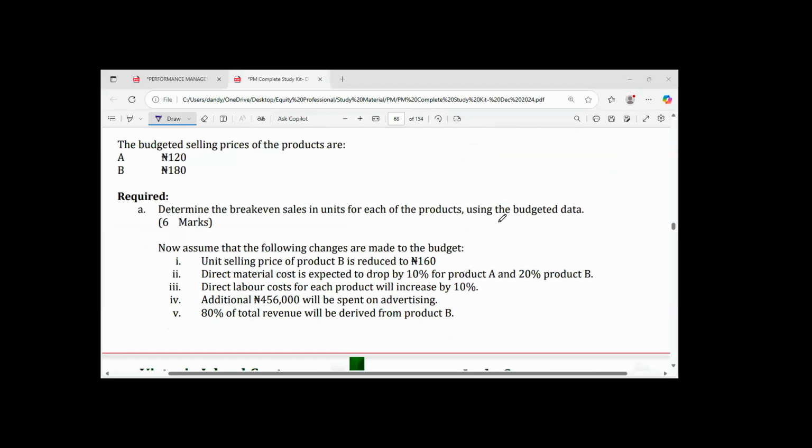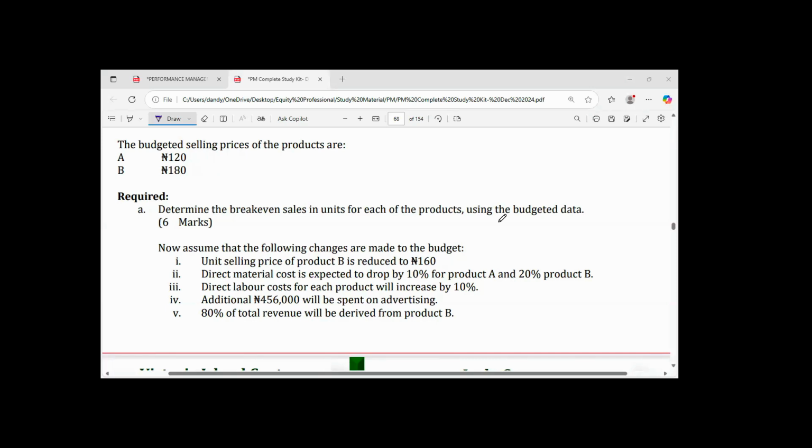Now assume that the following changes are made to the budget. 1. Unit selling price of product B is reduced to 160. 2. Direct material cost is expected to drop by 10% for product A and 20% for product B. 3. Direct labor cost for each product will increase by 10%. 4.